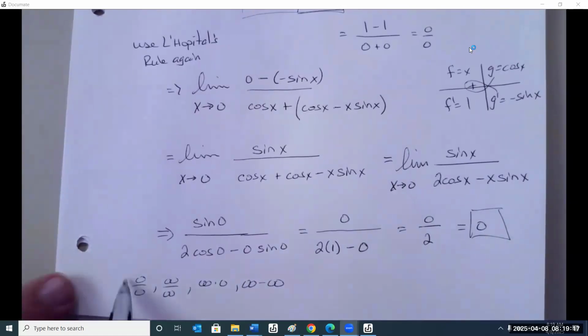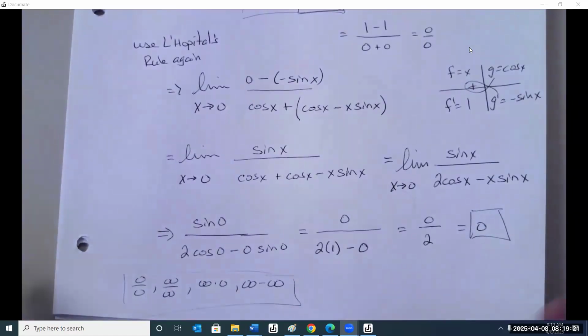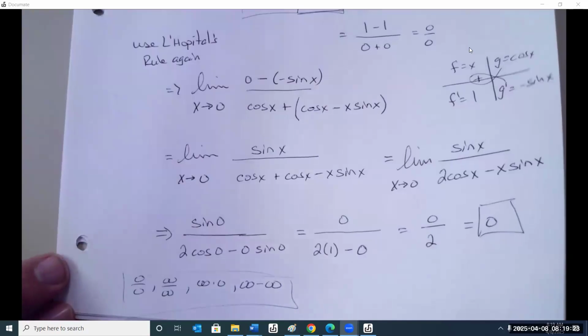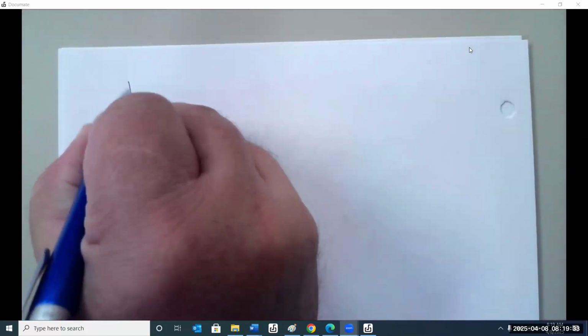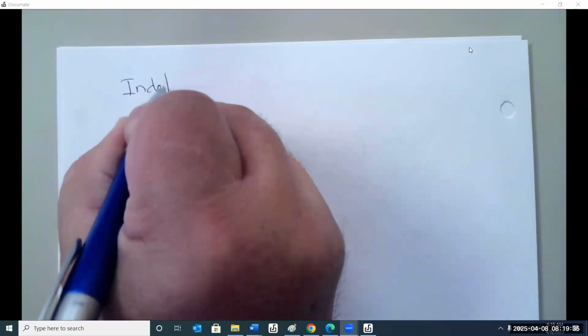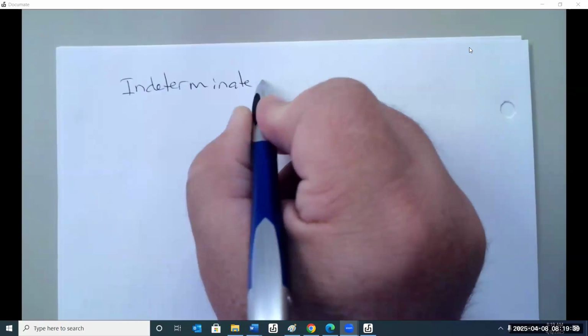Those are the different types of indeterminate forms we've looked at so far. There are some more. There are 3 more different types. These are called indeterminate powers.